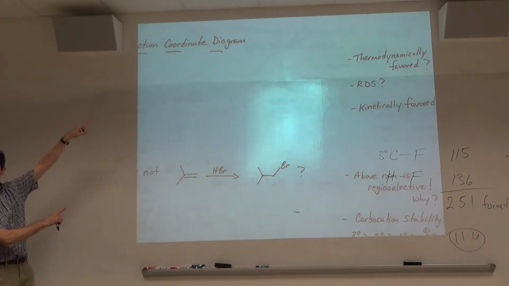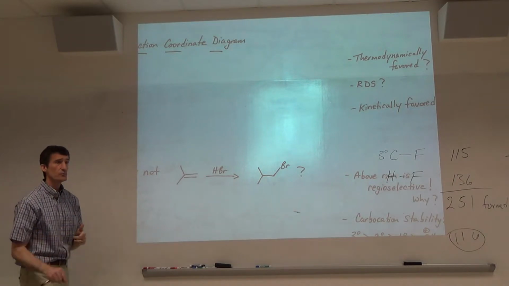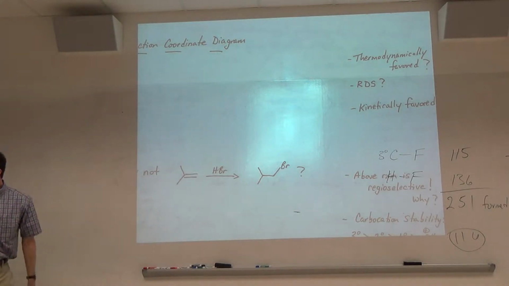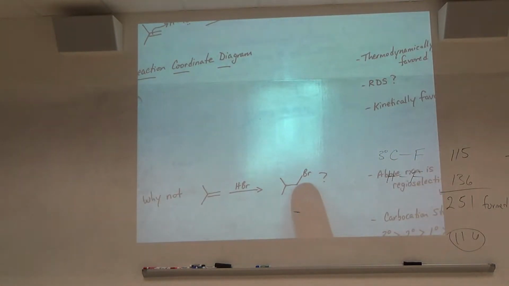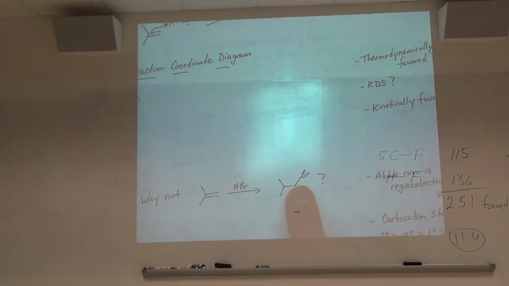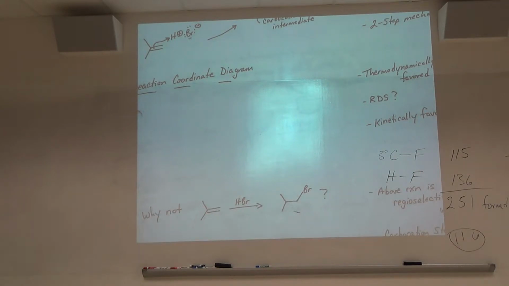Because if you do this reaction, you get predominantly the top one. Now, in the context of a reaction, it's called regioisomers. That guy and that guy are regioisomers. Regioisomers are just constitutional isomers, but you call them regioisomers when it's in the context of a reaction.